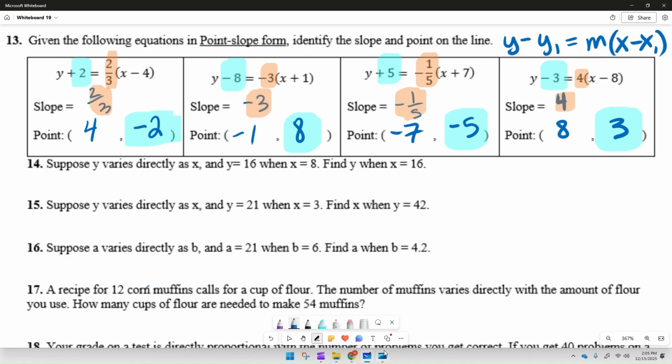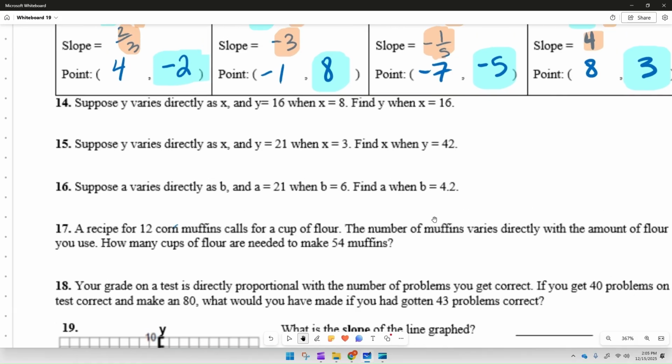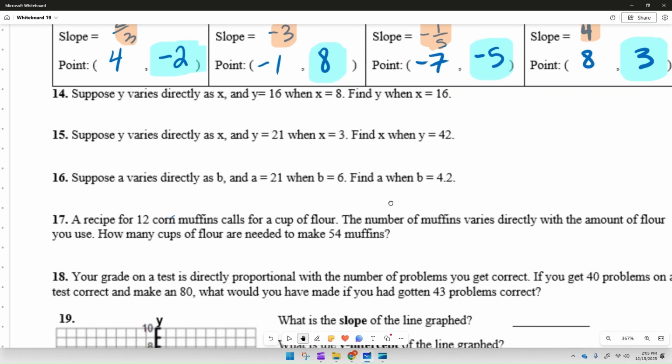Pretty straightforward and simple. Now, 14 through 18, to recall, we're talking about where we have direct variation. Y varies directly with x. And what that means is we have the equation y equals kx. Your k value is equal to y divided by x.